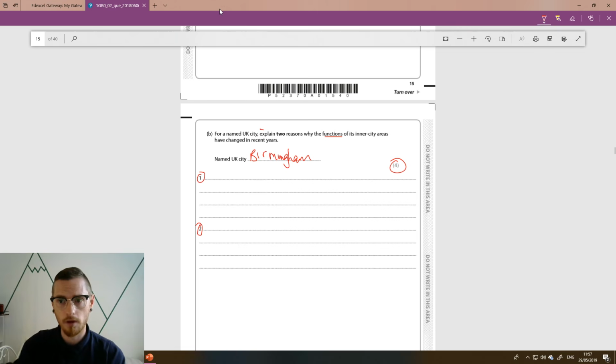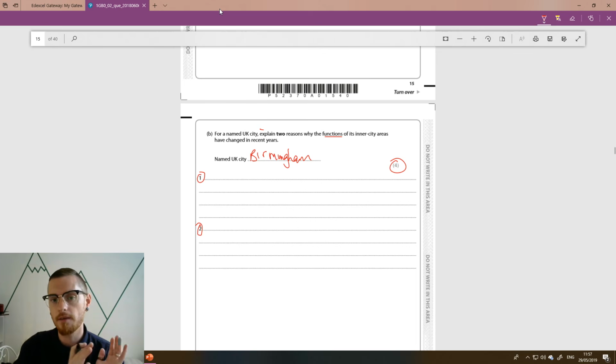To make it more specific to Birmingham, I'm going to say that as a result, 50,000 people have experienced job losses at that time. So the mention of Longbridge and the car factory site closing and being regenerated, and the number of people losing their jobs due to deindustrialization, those are just 2 facts that would elevate my answer to allow me to get 4. If you don't do that, you're not going to be able to attain full marks.